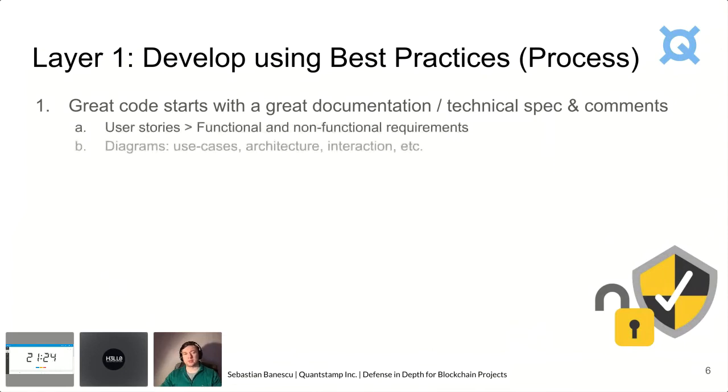You can also employ various diagrams like use case diagrams, architecture diagrams where you just have some blocks, and maybe interaction diagrams where you show the interaction between different blocks in your architecture and maybe the user as well. There are all sorts of visual aids which accompany text in order to help auditors understand what your project should be doing.